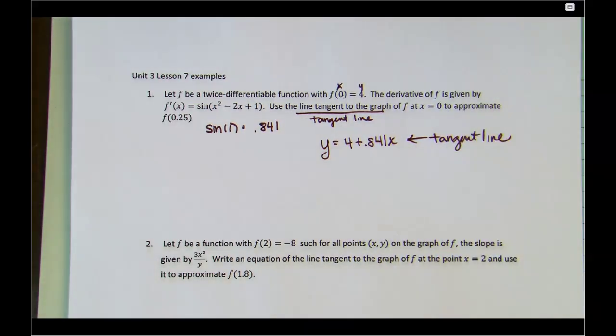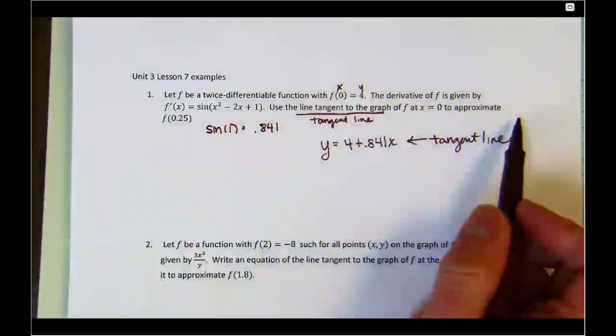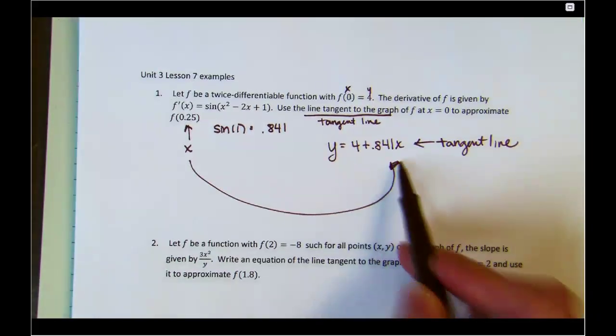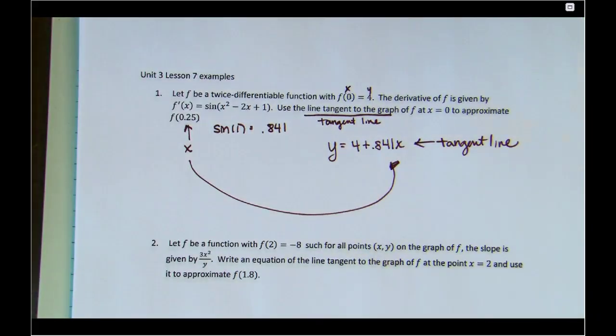And then it says use that to approximate f of 0.25. So when it says approximate, use the tangent line to approximate this. This is your x value, and it gets plugged in here. That's it.